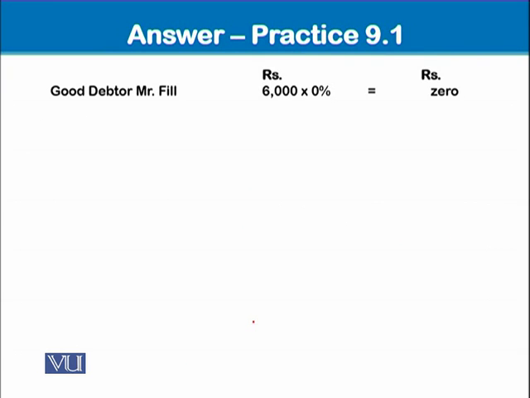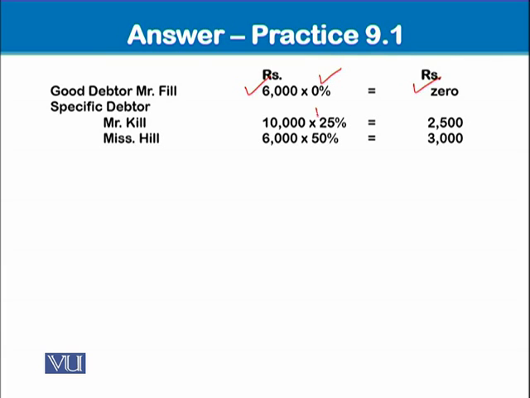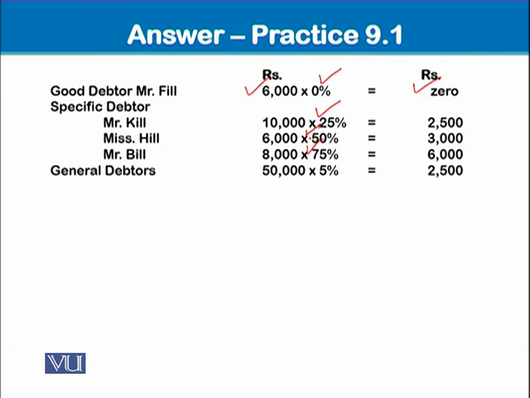So what we see is that good debtor Mr. Phil is 6,000, for which we will not create any provision. For specific debtor Mr. Kill, provision is 25%. Miss Hill, provision is 50%. Mr. Bill, provision rate is 75%. Okay. And on the remaining we will take provision at 5%.